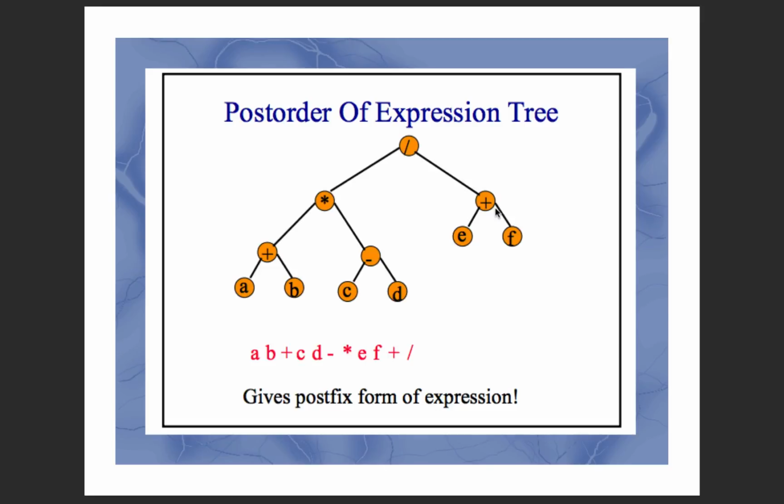Before printing that, we print E F plus. So you can see E F plus. Finally, after all these parts, we can print the division. This is how we can print a postfix expression from an expression tree using post order.